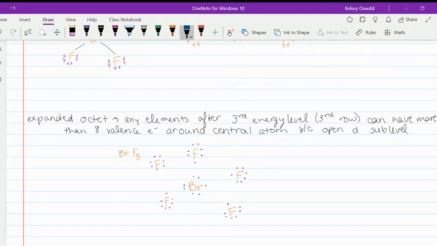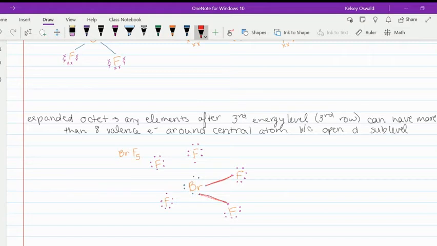Okay, but here, since bromine can have more than 8, since it's past the 3rd energy level, and it's our central atom, we're going to focus on making our fluorines happy. Okay, so our fluorines need to gain 1 electron. That means each fluorine is going to form a single bond with our bromine.